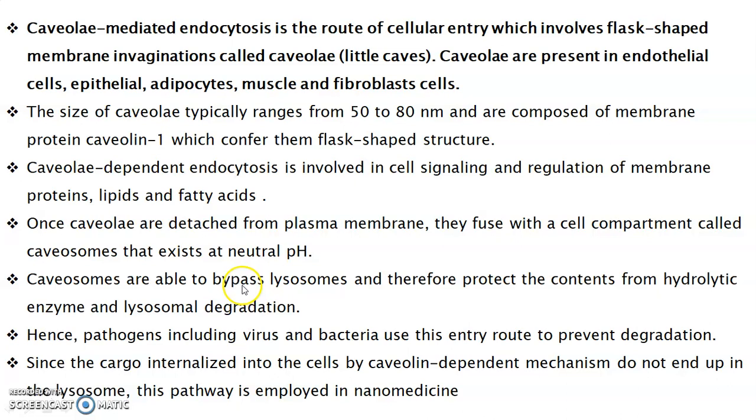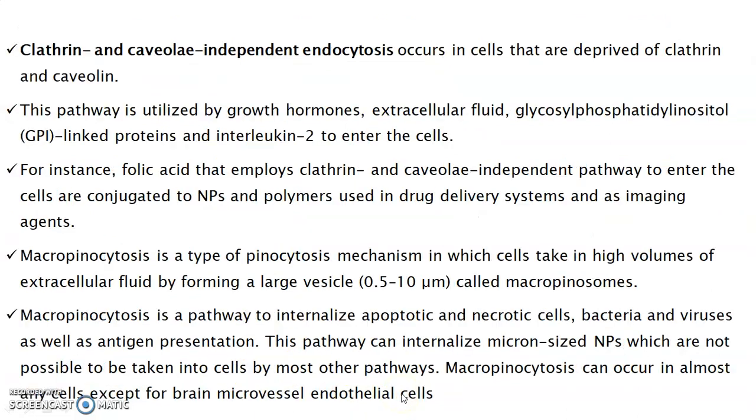Caveosomes are able to bypass lysosomes and therefore protect the contents from hydrolytic enzymes and lysosomal degradation. Hence, pathogens including virus and bacteria use this entry route to prevent their degradation. Since the cargo internalized by the caveolin dependent mechanism does not end up in the lysosome, this pathway is basically employed in the case of nanomedicines.